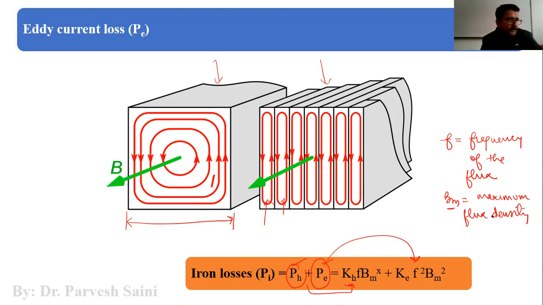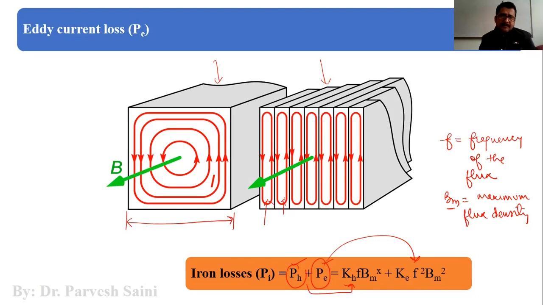Kh and Ke are constants. Kh is the hysteresis constant, Ke is the eddy current constant.